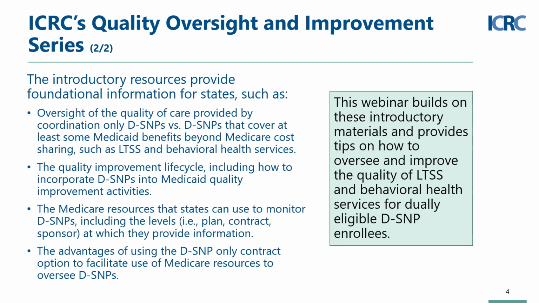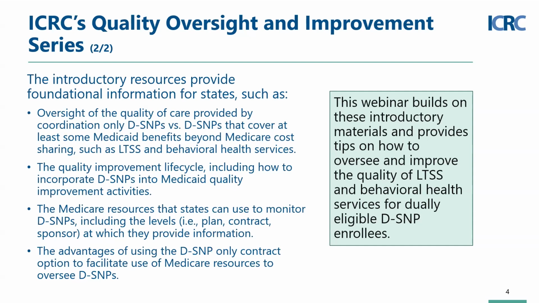The introductory resources provide foundational information for states, such as quality oversight of coordination-only D-SNPs versus quality oversight of D-SNPs that cover Medicaid benefits. The resources also discuss the quality improvement lifecycle, including how to incorporate D-SNPs into Medicaid quality improvement activities, such as quality strategies, Medicaid quality assessment, and performance improvement programs, and external quality review.